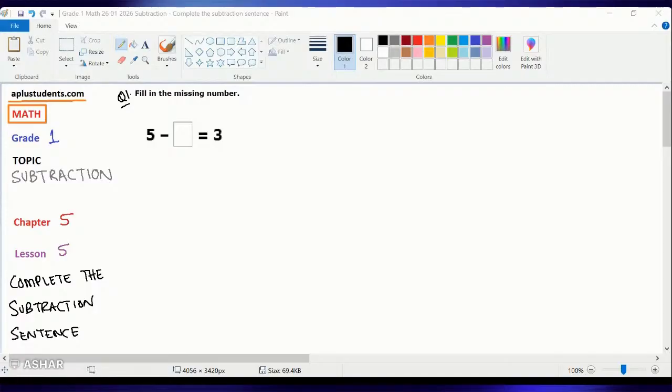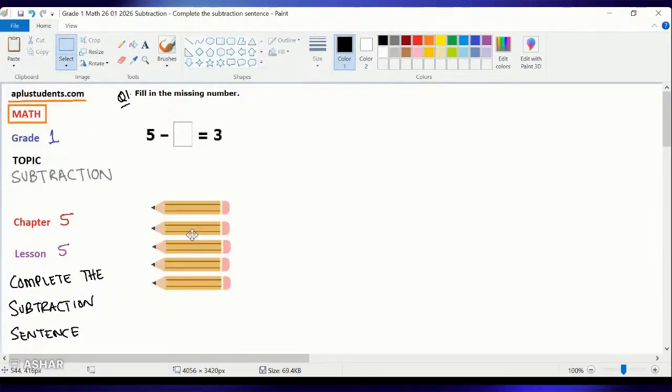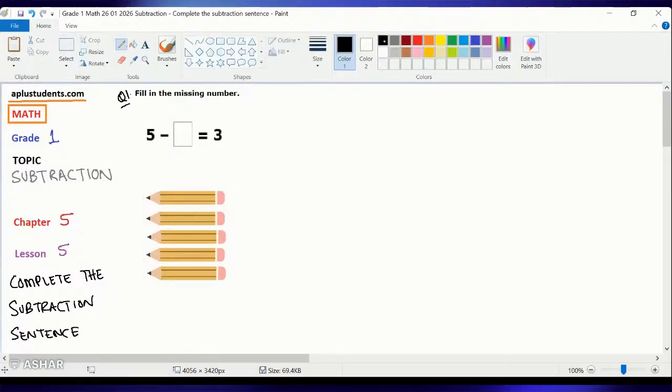Let's pick up 5 pencils, and we can number them for our ease. We can say 1, 2, 3, 4, and 5, right? So out of these 5, we should be left with 3. That means we need to remove how many? How many should be removed?